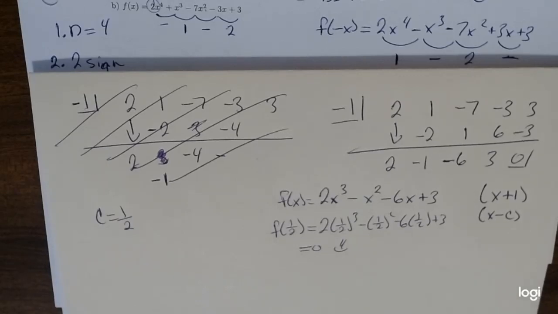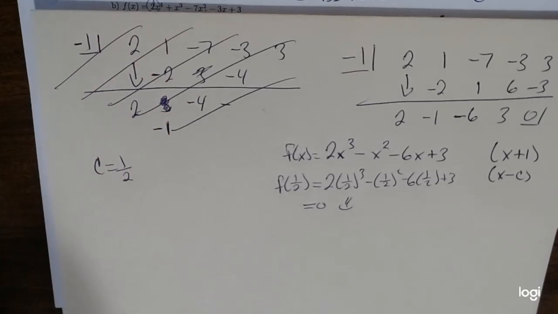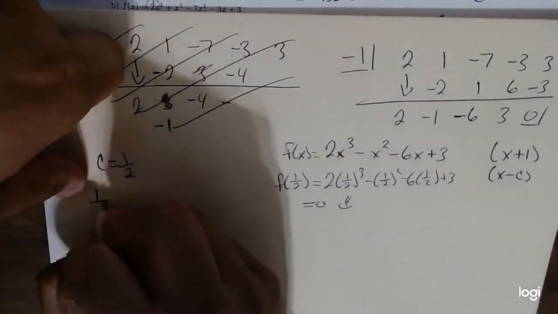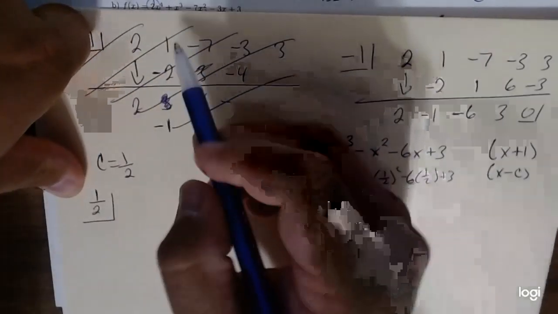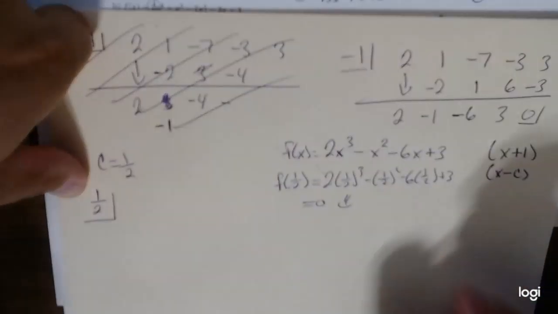So therefore, let's do synthetic division with c equaling 1/2. And again, you don't have to go through the original one. You can start here, which is the best part, because we're slowly breaking stuff down.